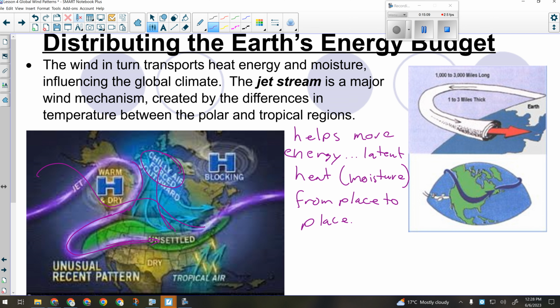So the jet stream is something that meteorologists watch, okay? Because the position and movement of the jet stream is really what allows them to predict changes in the weather.